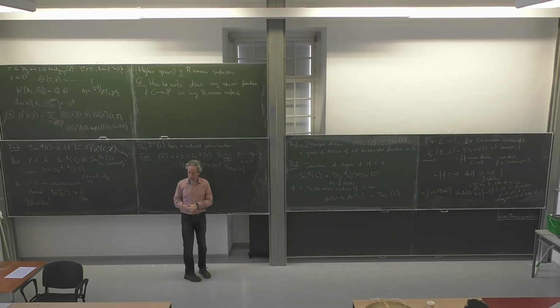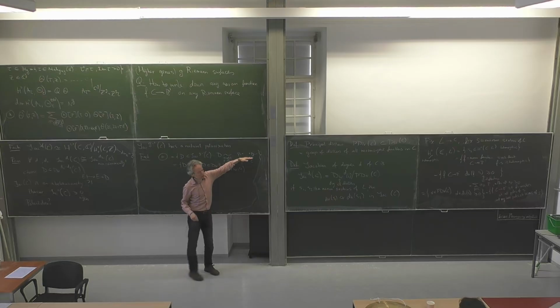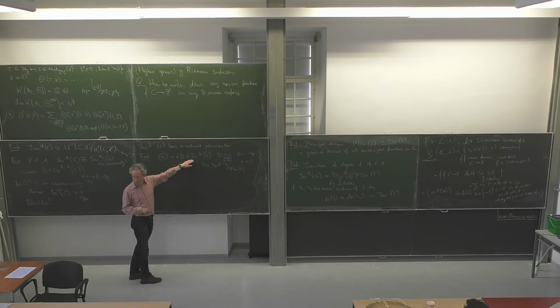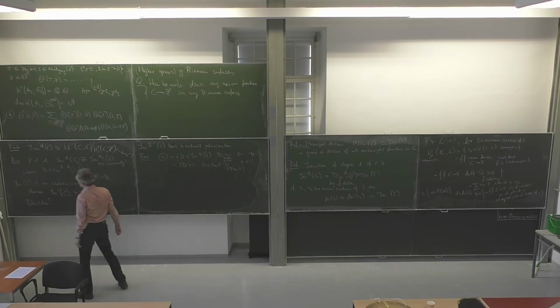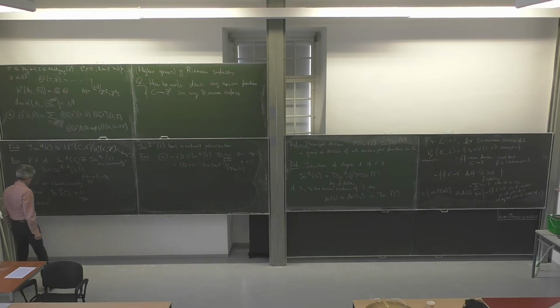So that's a natural divisor. This is naturally a divisor with degree G minus 1. The claim is that the image of this under principal divisor equivalence is still G minus 1 dimensional, but it naturally sits here. So the Jacobian of degree G minus 1 has a natural polarization.